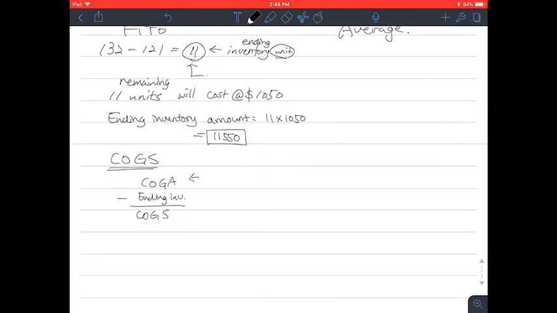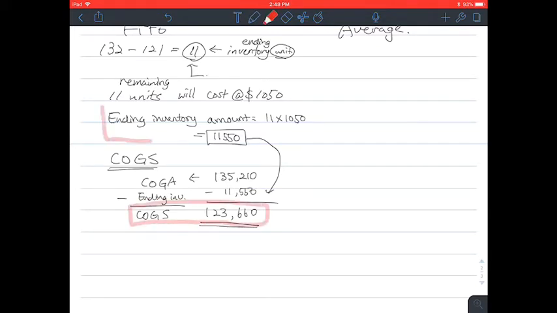Okay, this is one. And now we deduct the ending inventory amount we calculated just before, and this will give you $123,660. Okay, so there you go, your COGS here, your ending inventory here.